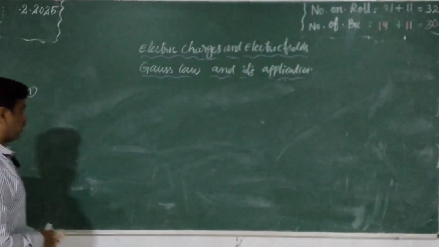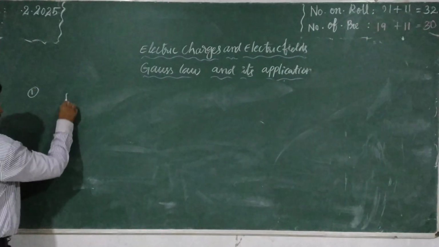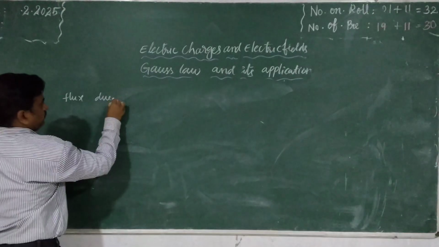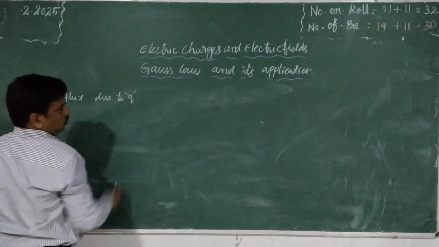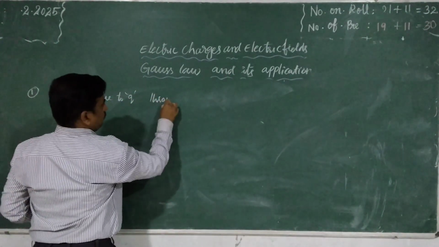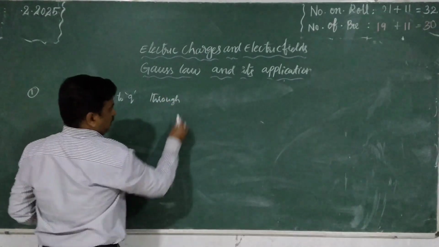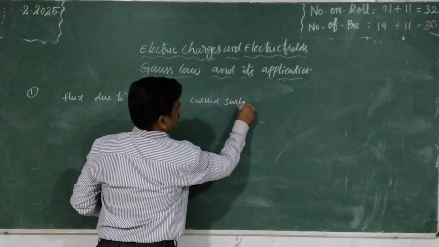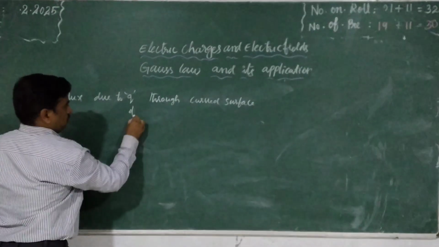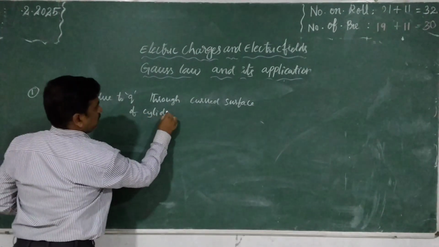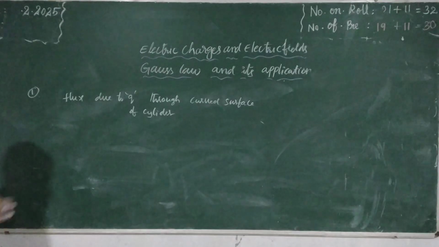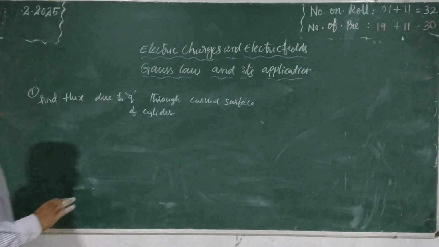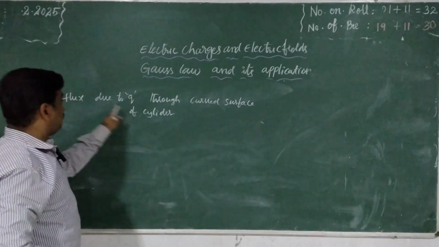First, find the flux through the curved surface of the cylinder due to Q.